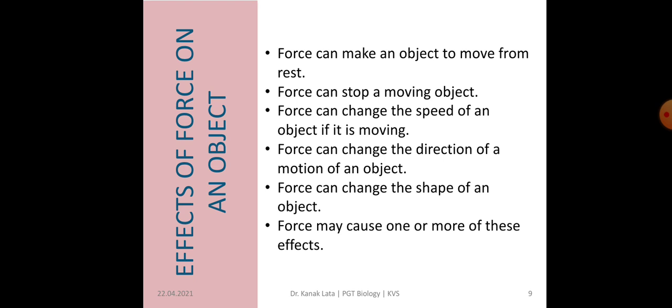Force can also change the speed of an object if it is moving. Force can also change the direction of motion of an object. Force can also change the shape of an object. And force may cause one or more of these effects when applied on an object.